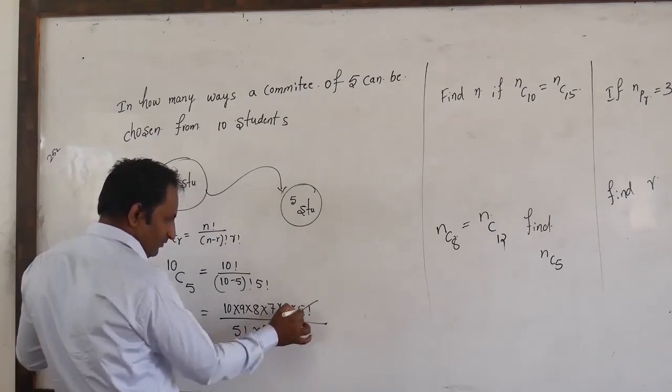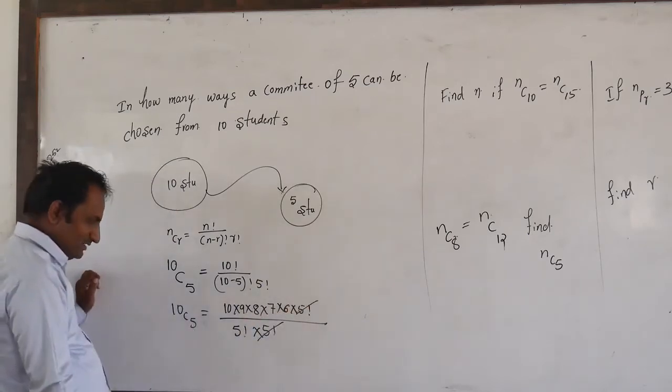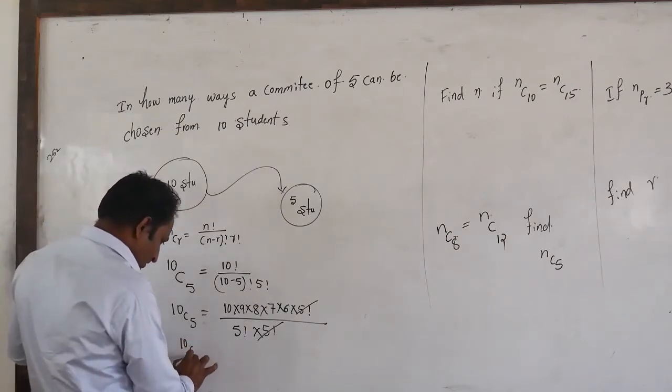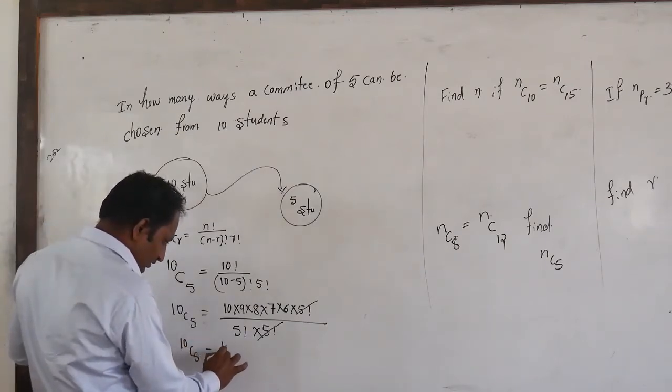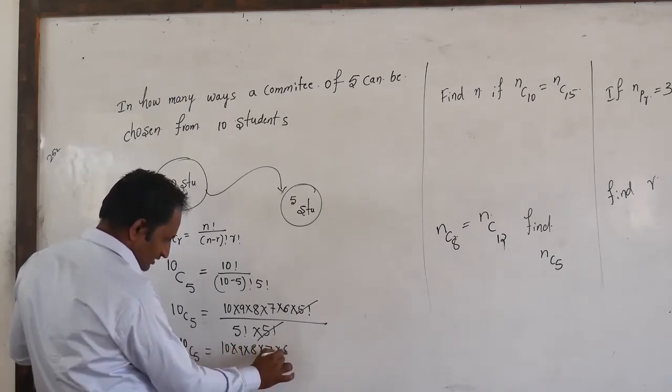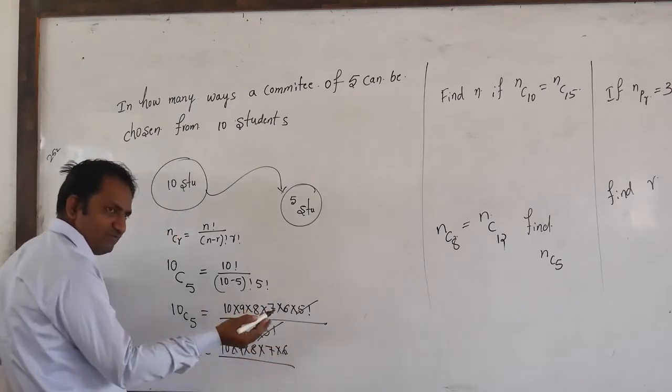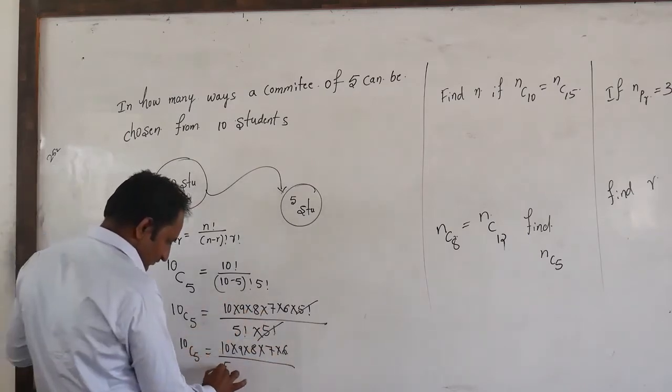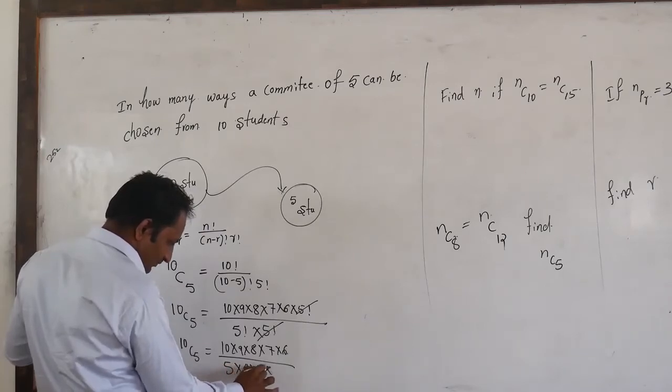One 5 factorial and the other 5 factorial get cancelled. So 10C5 is equal to 10 into 9 into 8 into 7 into 6 divided by 5 factorial, which can be extended as 5 into 4 into 3 into 2 into 1.